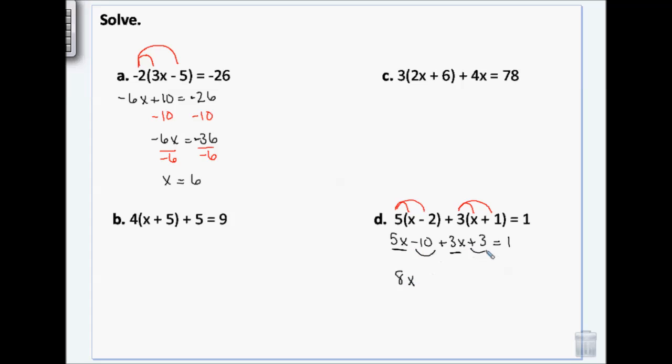Negative 10 plus 3 is negative 7. Sorry, I don't know why I wrote positive 7. So add 7 to both sides, and I get 8x equals 8. Divide both sides by 8, and you get x equals 1.